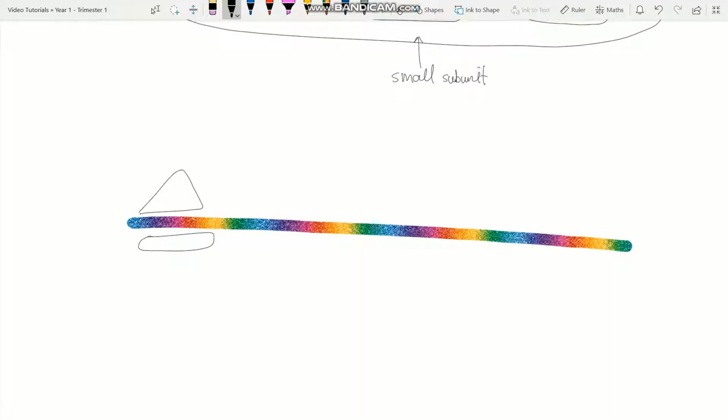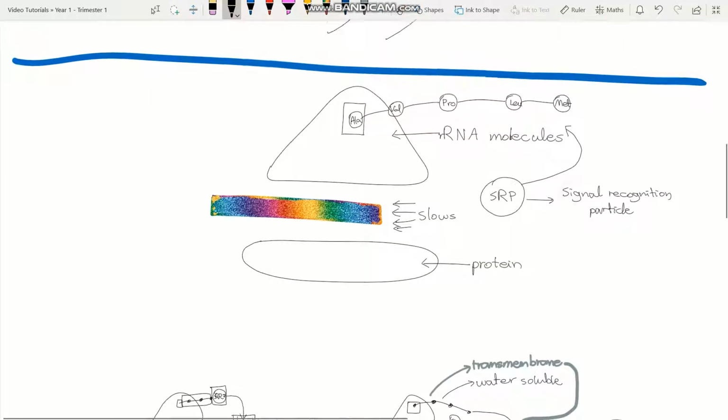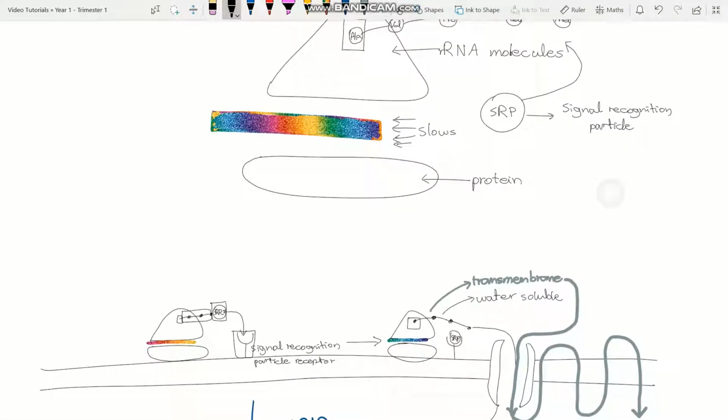If the large subunit is denoted as being on the top, it will move in a 5' to 3' direction, as so, and it will look something like this. Then, the small subunit will catch up so that they are equal once again. Then the large subunit will move to be as so, and the process will continue. So, this is the process of DNA translation.